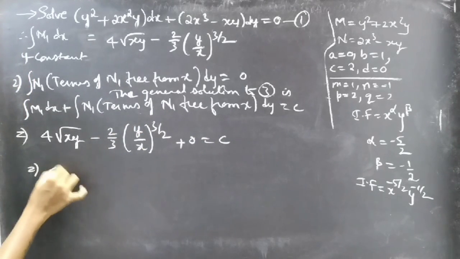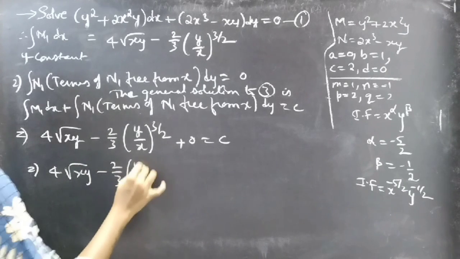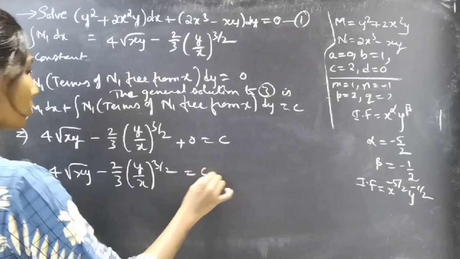This gives us 4 into square root of xy minus 2 by 3 into y by x whole power 3 by 2 equals c.